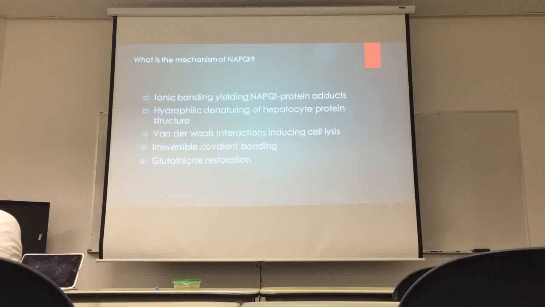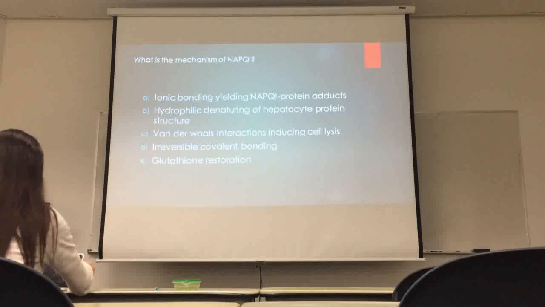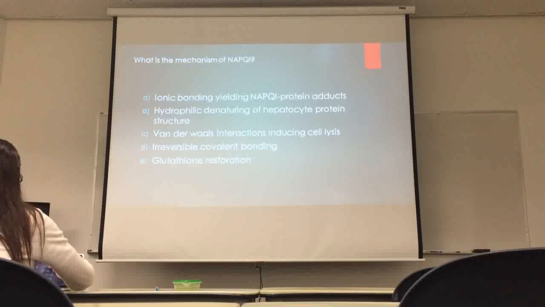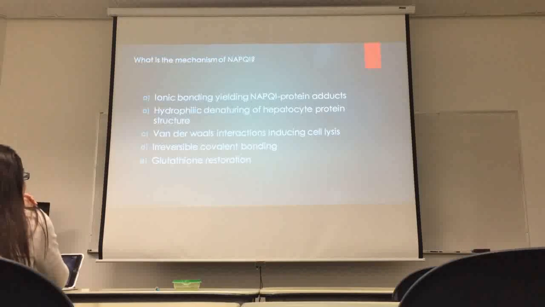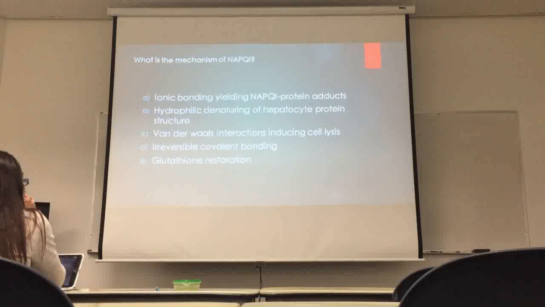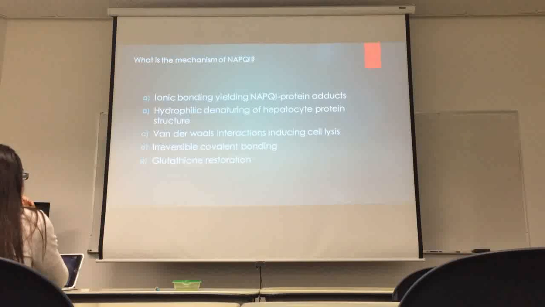This is just more like a fact thing. I bet we can figure it out with the chemistry. I have the structure on the next slide. I'm trying to remember. It's not ionic. Maybe you say C's wrong, right? Van der Waals? No, I don't think so.